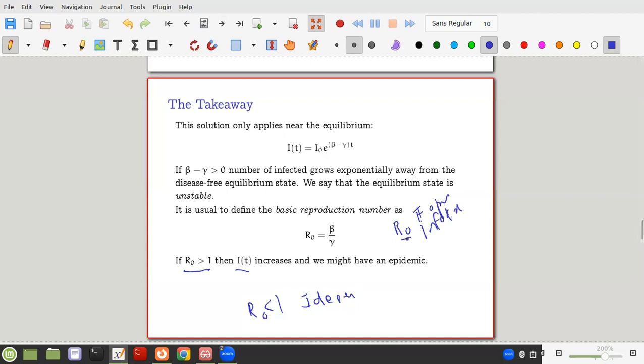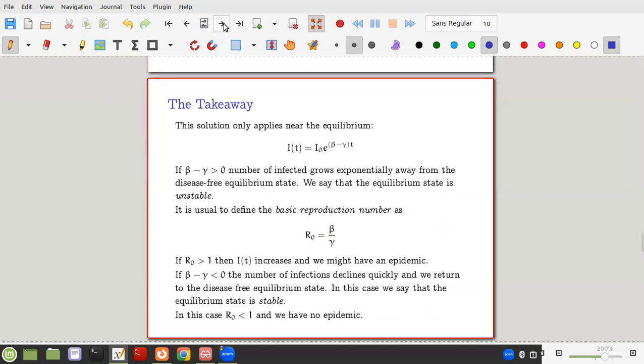So basically it's a characteristic of the disease, because you can see beta here is bad, so a big R naught is bad because beta is big. So in this model, this is the ratio of beta and gamma. Let's go on and see. Okay, so there's the takeaway.